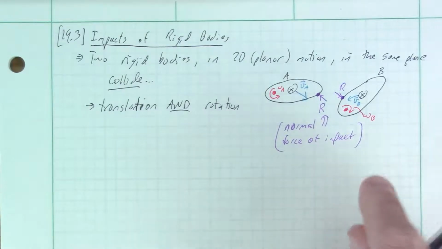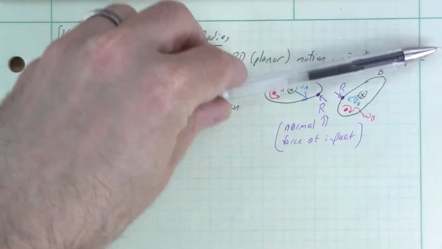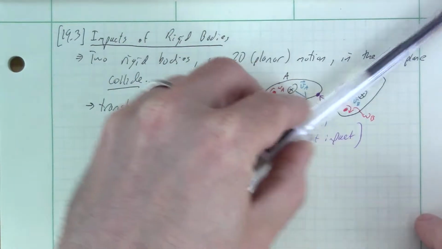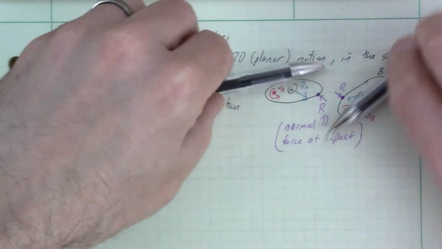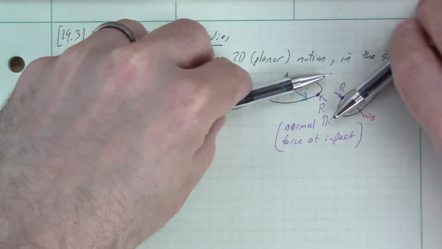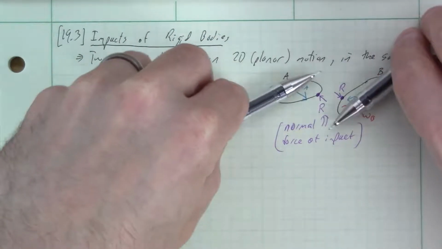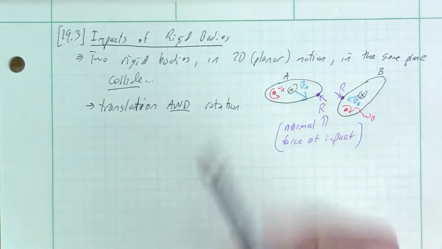In order to even describe the system, we have to say A is moving that way but rotating like that, and B is moving this way but rotating that way. They go like that and hit each other at some point, dealing with both translation and rotation.